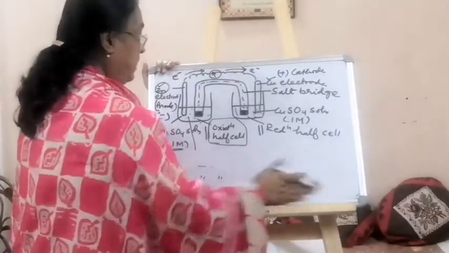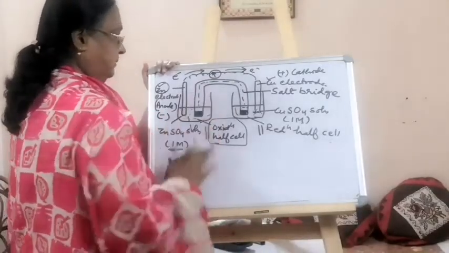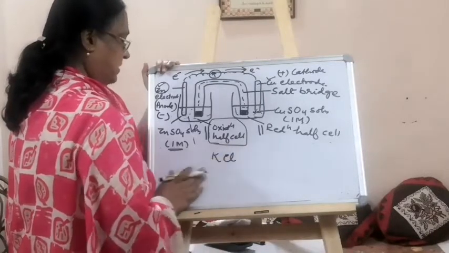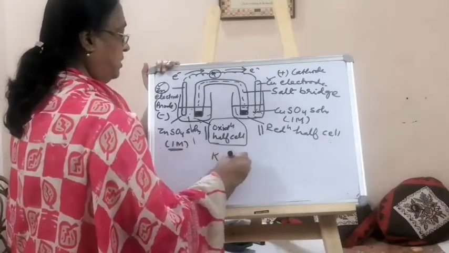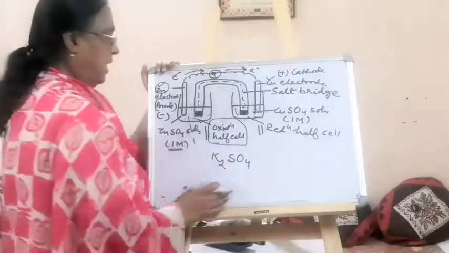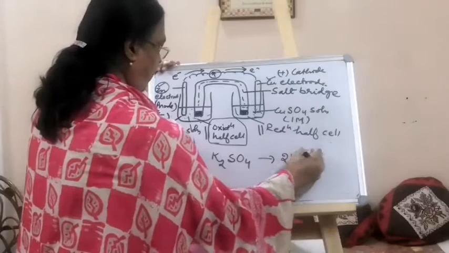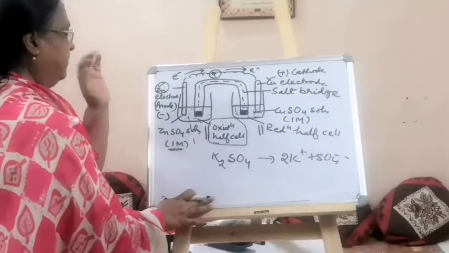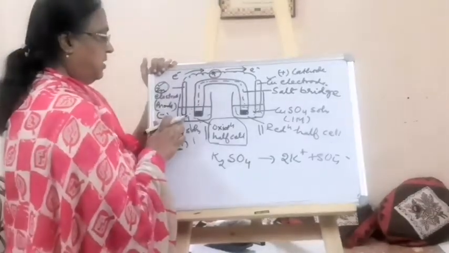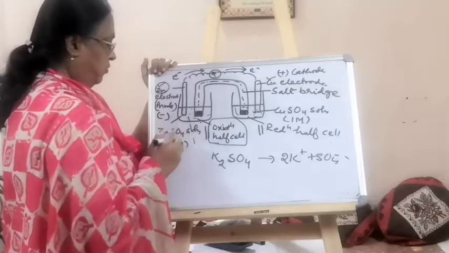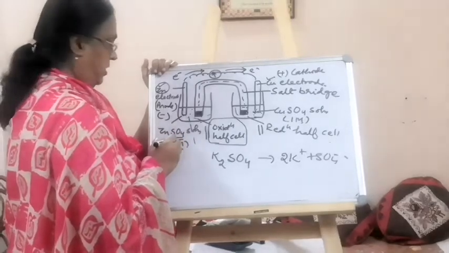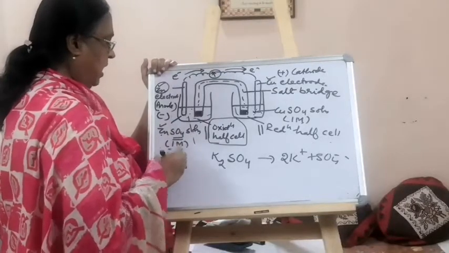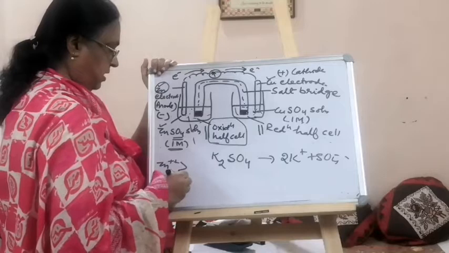But when the salt bridge is put up here, the salt bridge contains an inert electrolyte, say KCl, or K2SO4, potassium sulfate, is generally taken. This will dissociate into potassium ion and sulfate ion. Now see students, what happens? When zinc ion concentration increases here, the sulfate ion concentration is decreasing in comparison.